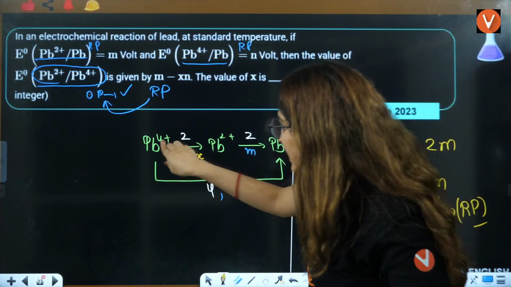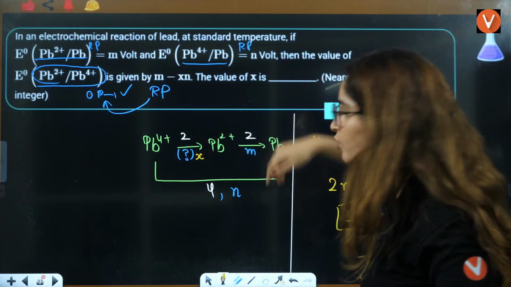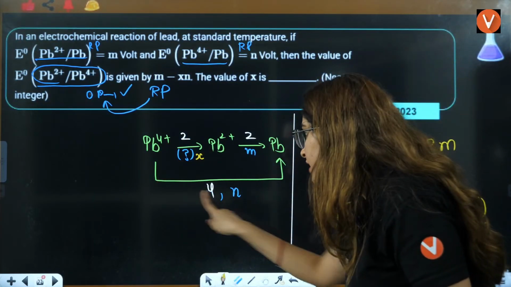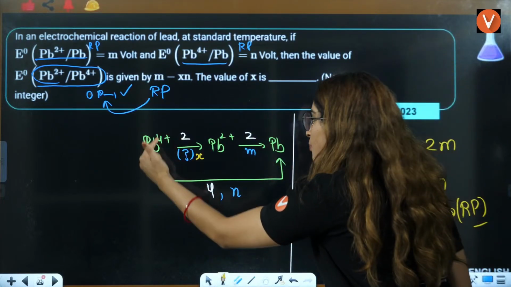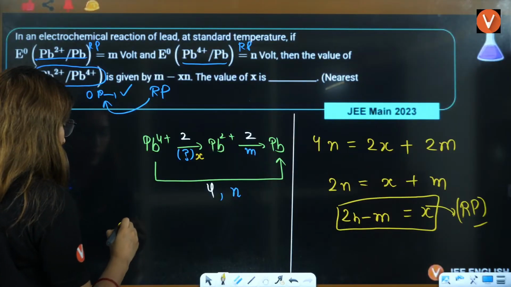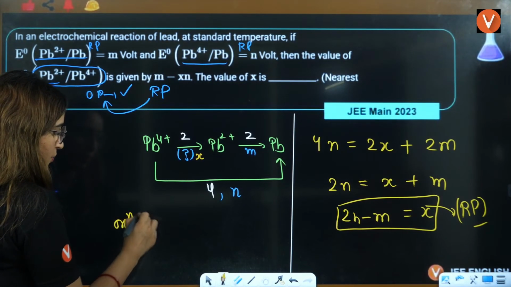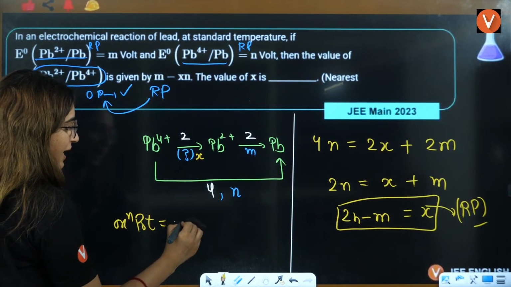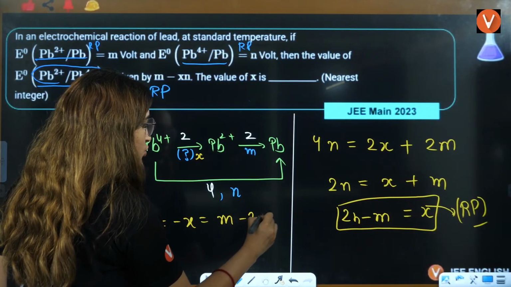Because here I am saying that 4 positive is getting converted to 0. This is the reduction potential. This arrow, you have to see the arrow here. 4 positive to 0, the oxidation potential will be minus of X, that is nothing but M minus 2N.